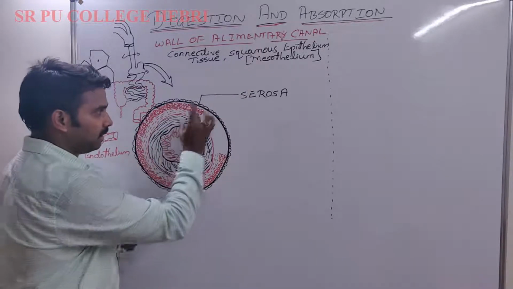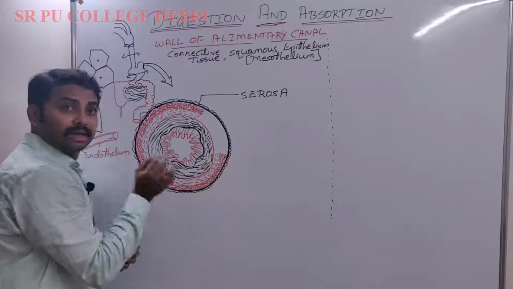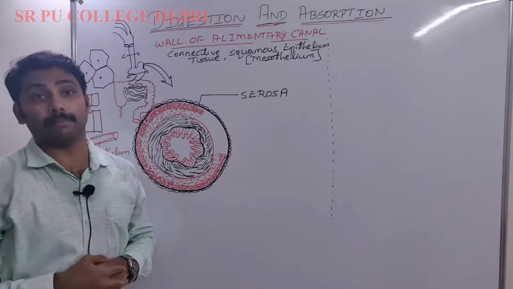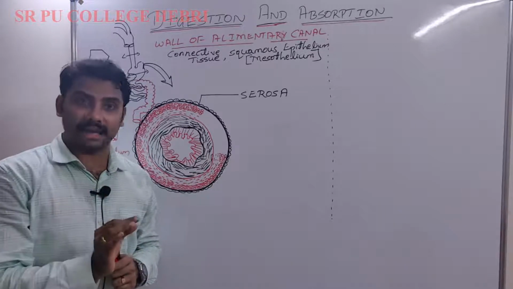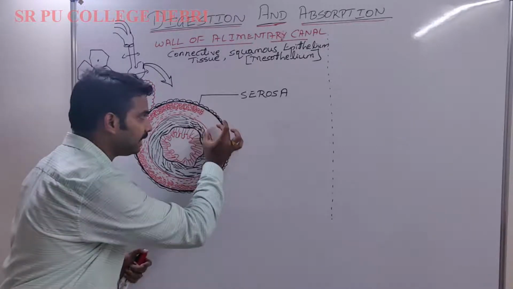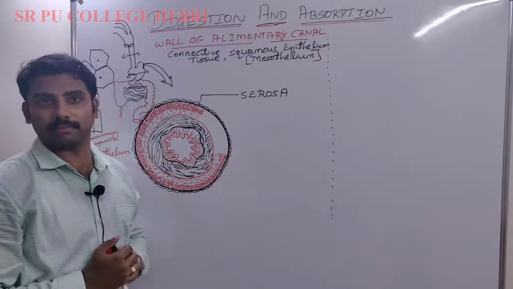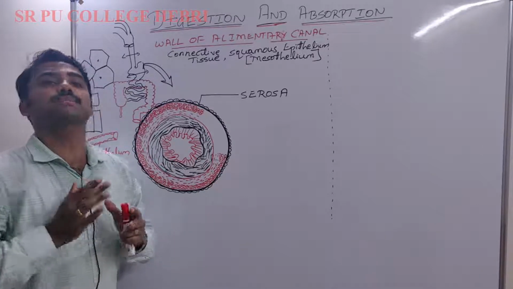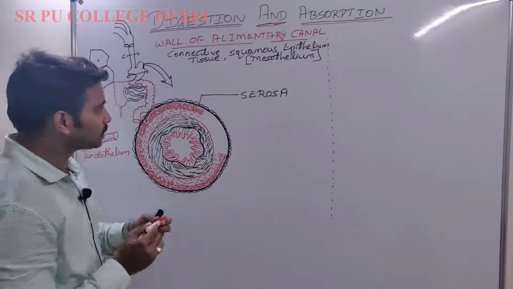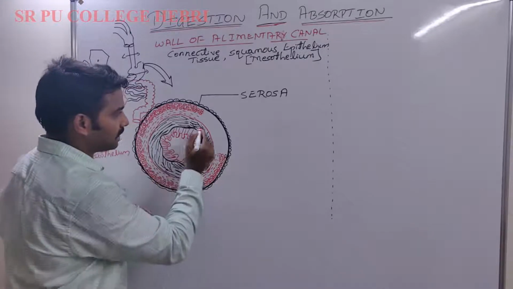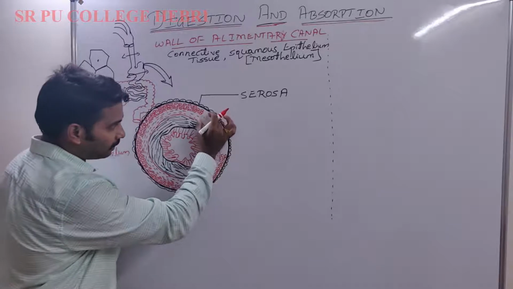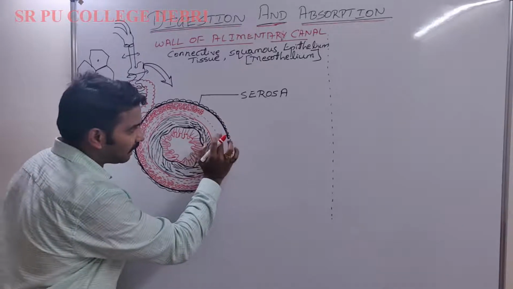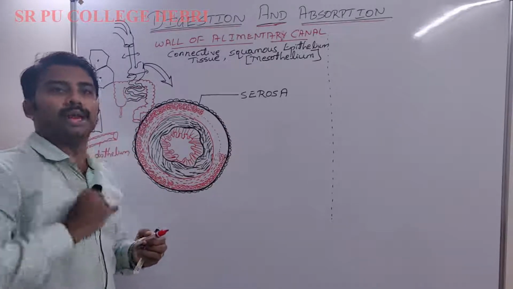Followed by serosa, the next layer is called the muscular layer, muscularis. The name itself tells that this layer is made up of muscle. Which muscle? Smooth muscle. I repeat, which muscle? Smooth muscle. The smooth muscles in this muscularis region are again arranged into two layers.